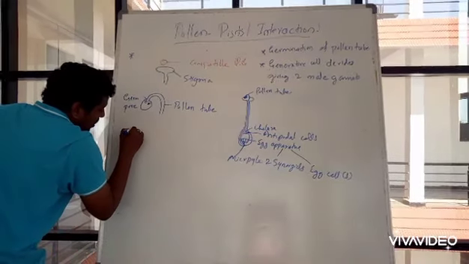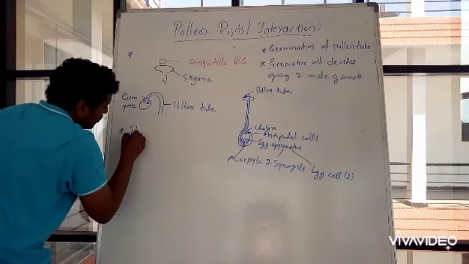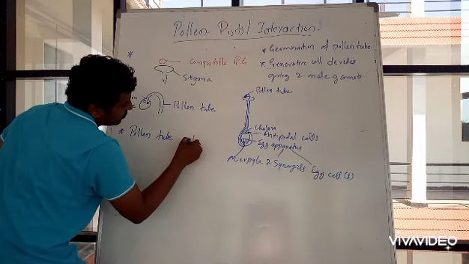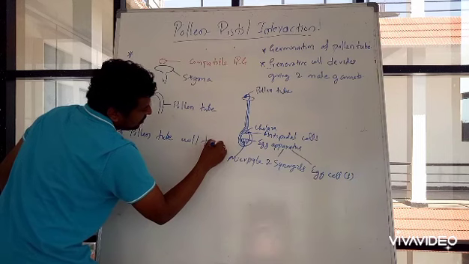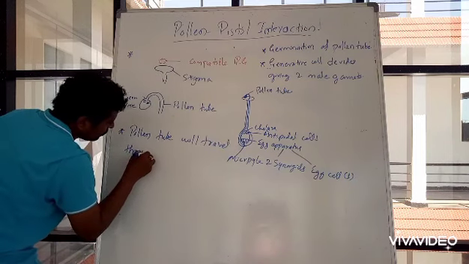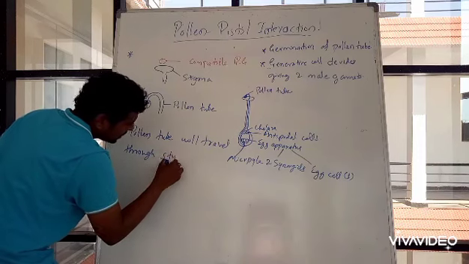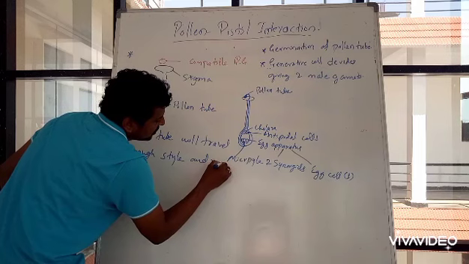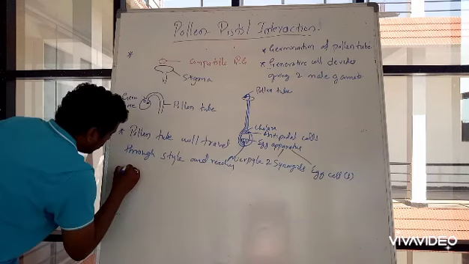Then the pollen tube will travel through style and reaches ovary.